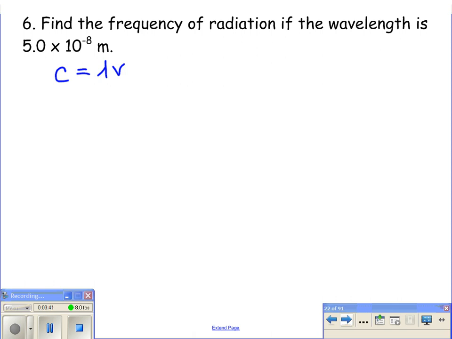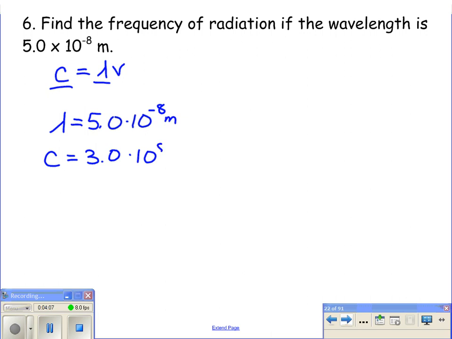So it says find the frequency of radiation if the wavelength is 5.0 times 10 to the -8 meters. So I know my wavelength is 5.0 times 10 to the -8 meters, and I know my constant, the speed of light, which is 3.0 times 10 to the 8th meters per second, then I can determine my unknown, my frequency, by plugging them into the formula.